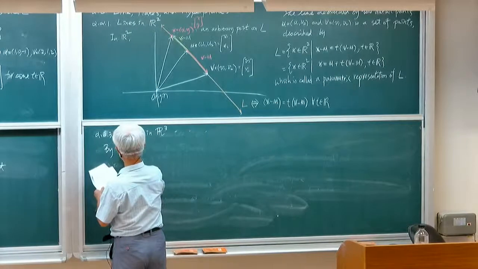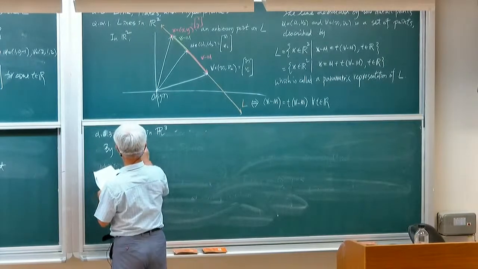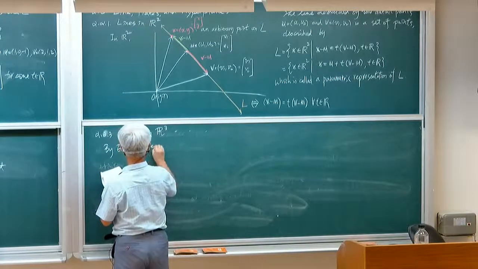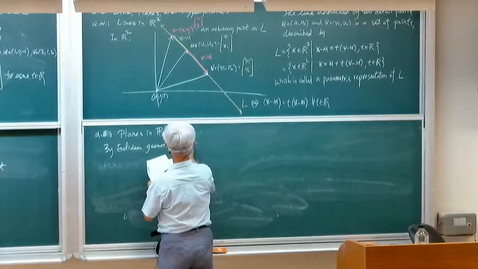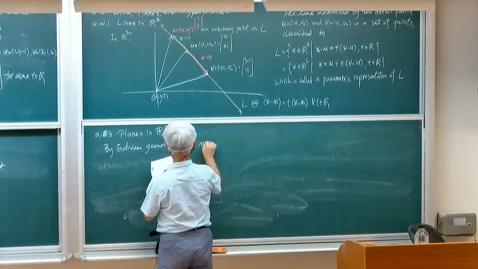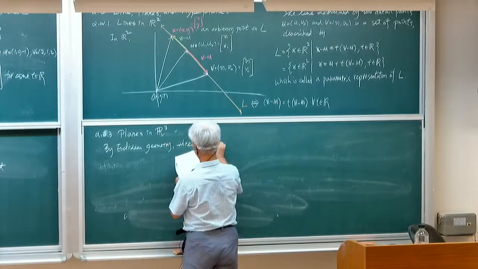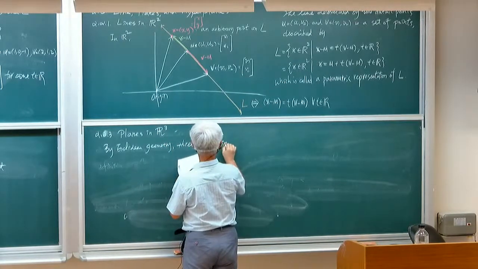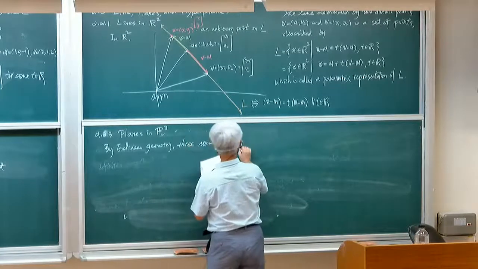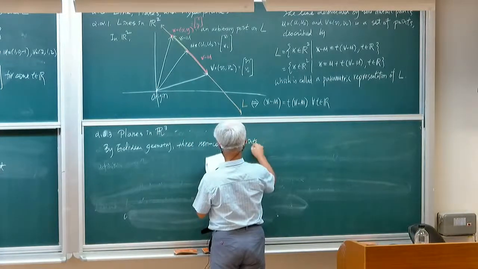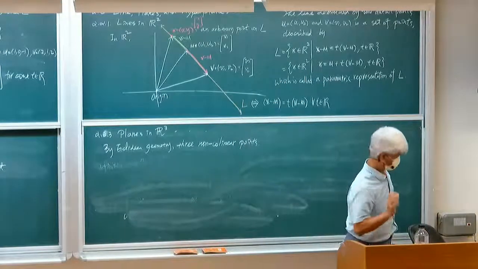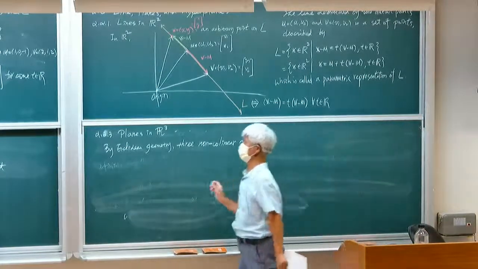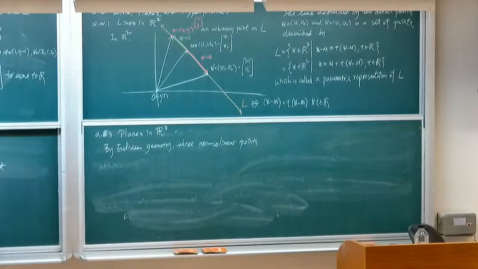By Euclidean geometry, three non-collinear points. All right, so the keyword is non-collinear.